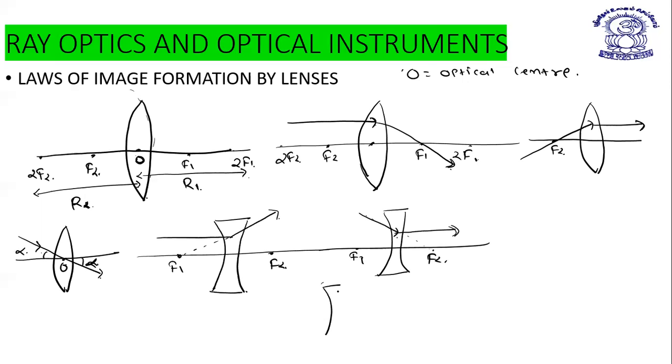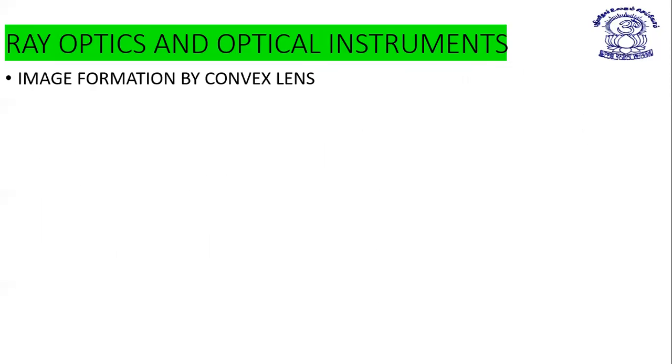And if light ray is passed from optical center, it will go undeviated. So these are the laws of image formation by lenses. We can use it to form image of an object placed at any position in front of any lens.